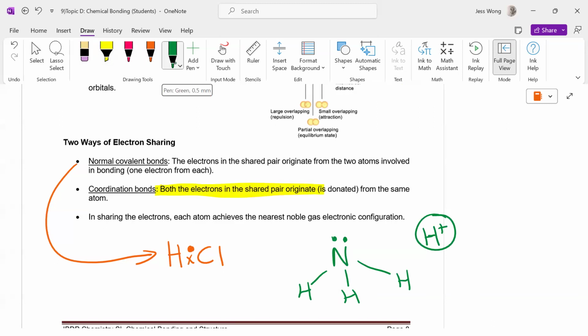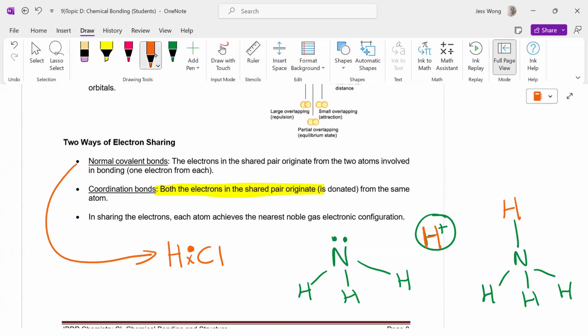So between ammonia and H+, in order for them to form the ammonium ion that looks like this, a covalent bond is going to be formed. And the covalent bond that is going to be formed is a dative covalent bond.